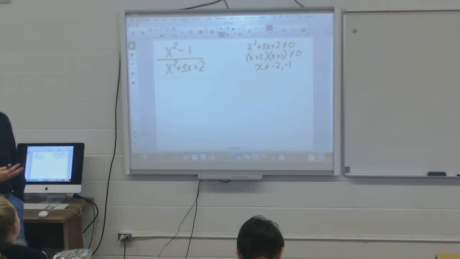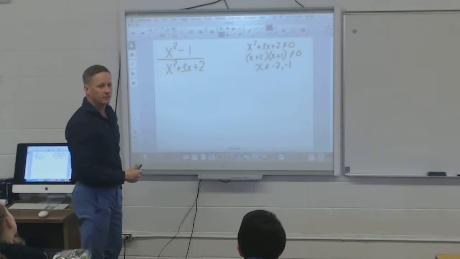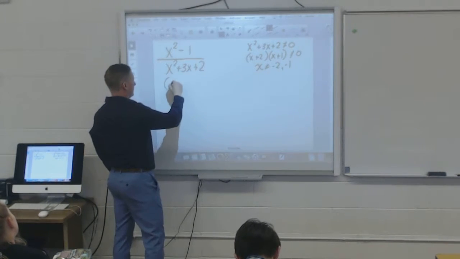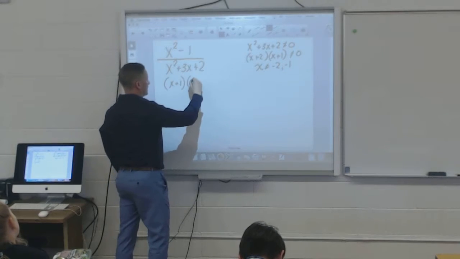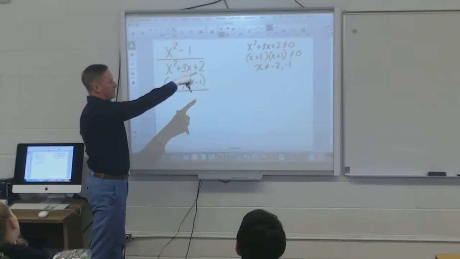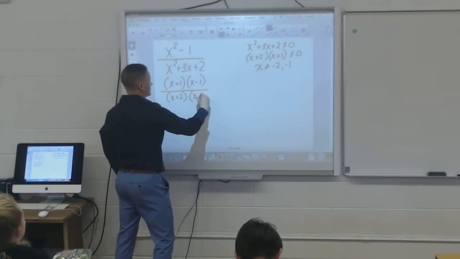I have to simplify my fraction, so what do I do to simplify? Factor. What is the top one factor to? X plus 1, X minus 1. Great. X plus 1, X minus 1. And the bottom, we factored already to X plus 2, X plus 1.